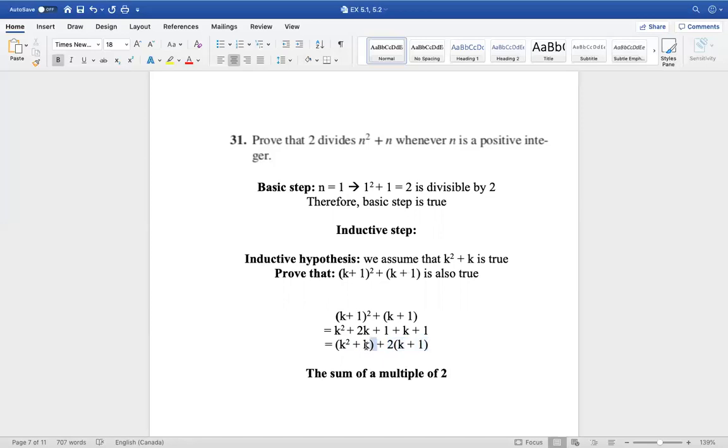And then we are adding it to some number here by the inductive hypothesis, and a multiple of 2, hence it's divisible by 2 and proved.